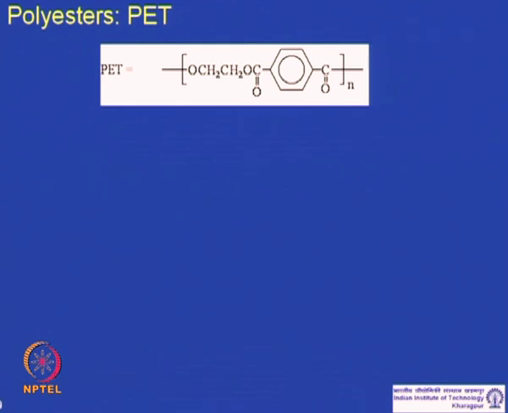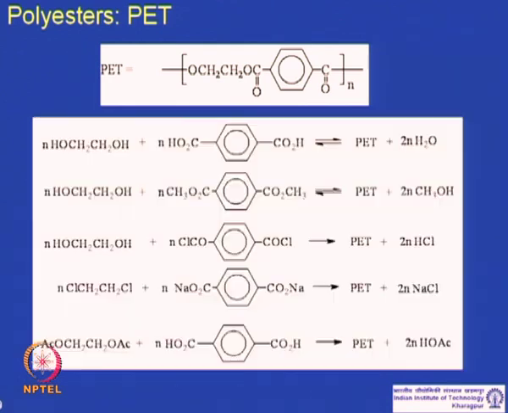We will start with polyester, and the example we will take is the most important and most used polyester, polyethylene terephthalate. This is the structure we have been showing you many times. There are several ways you can synthesize PET, polyethylene terephthalate.